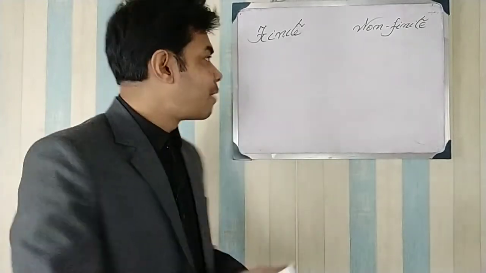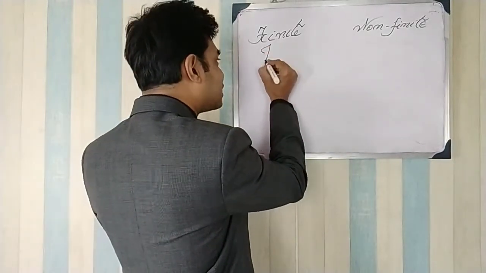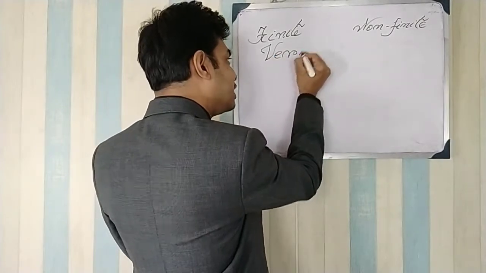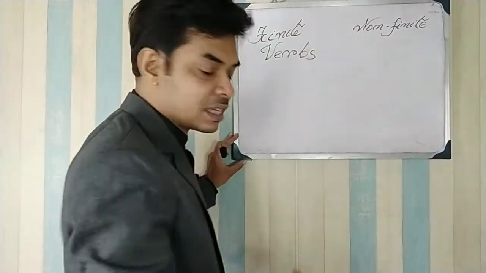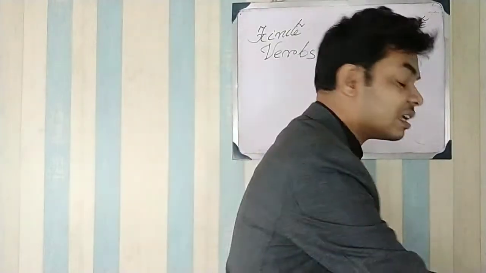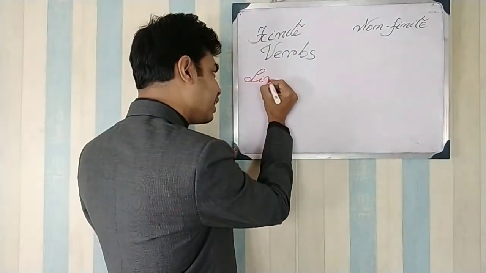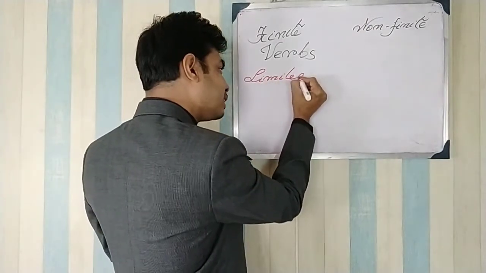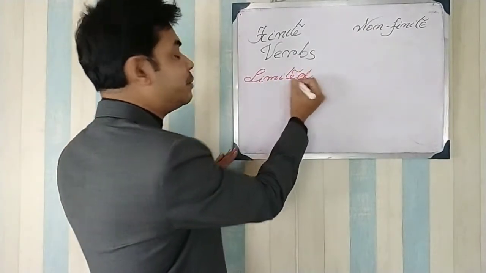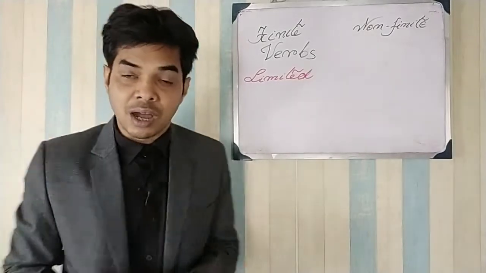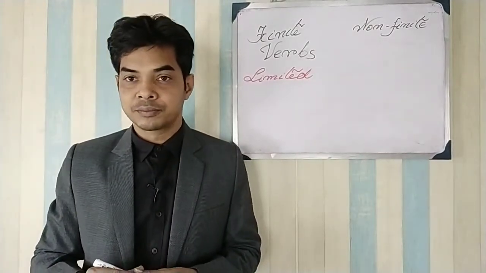So finite verbs said that these verbs are finite. Finite means these verbs are limited. Yes dear friends, they are finite. That means they are limited. So these verbs which are limited by some terms, they are called the finite verbs.